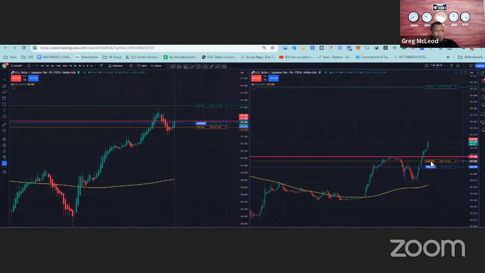Move my stop in the money. You want your stop on the other side of your trade, so you have a risk-free trade. I'm up $1,000, I'm thinking about taking it.